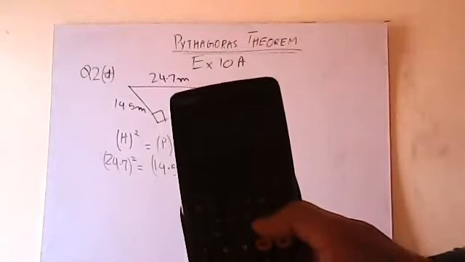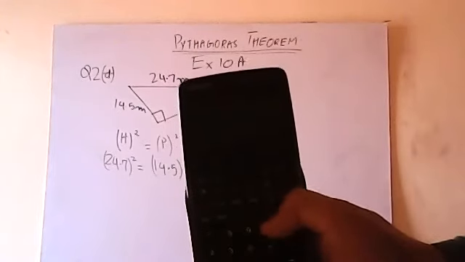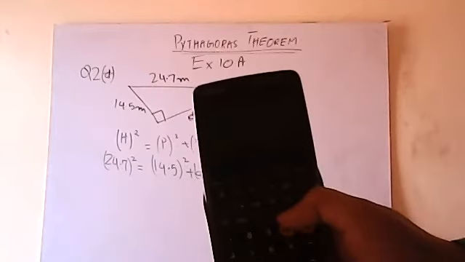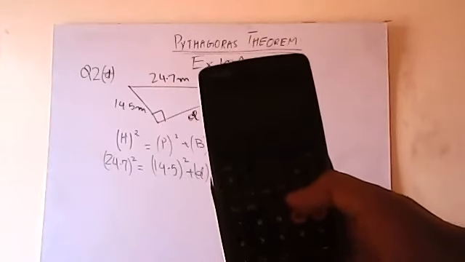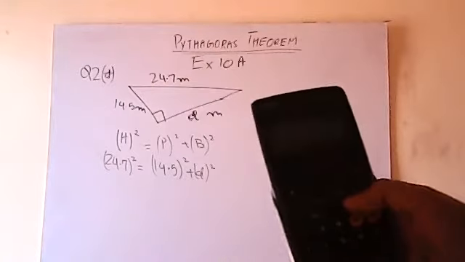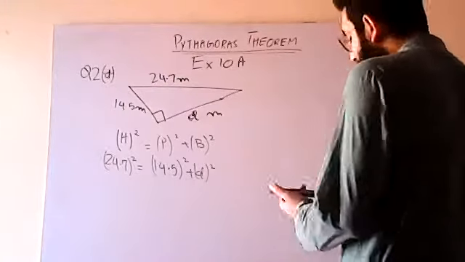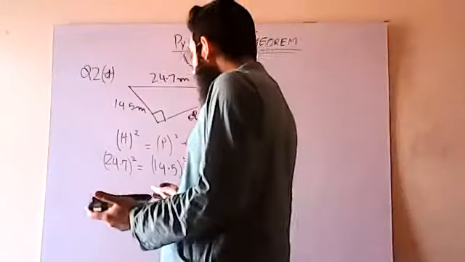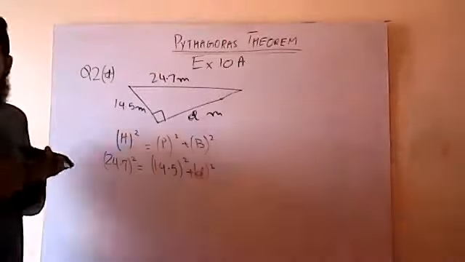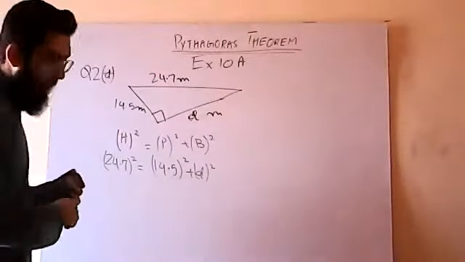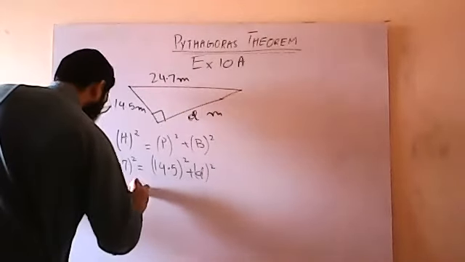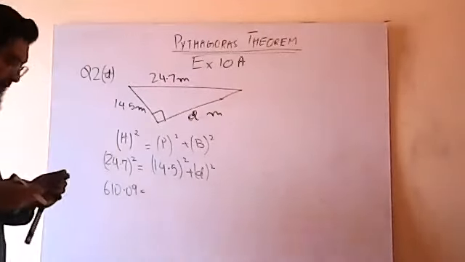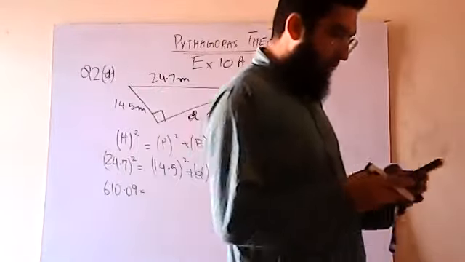I'm getting the answer in fractions, so I press the S to D button, which converts it into decimal numbers. It is showing 610.09, so I'll be writing 610.09.